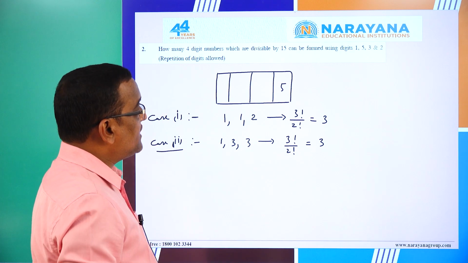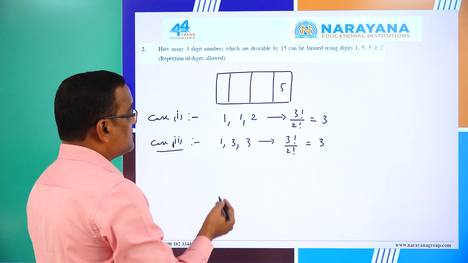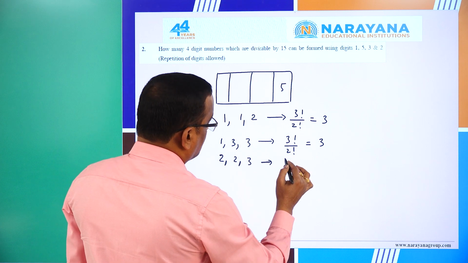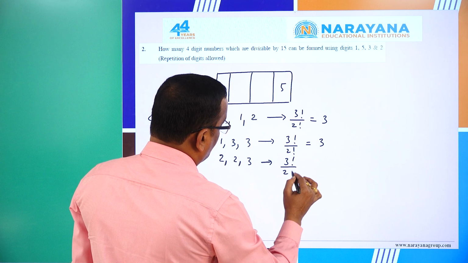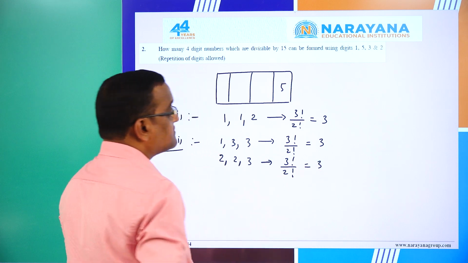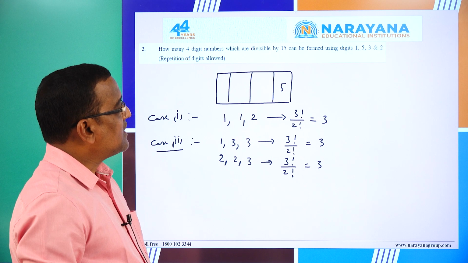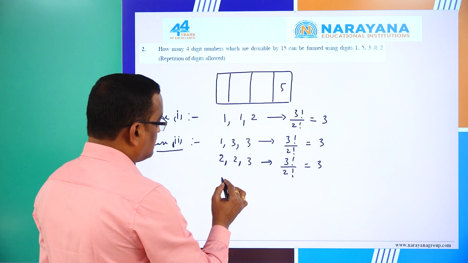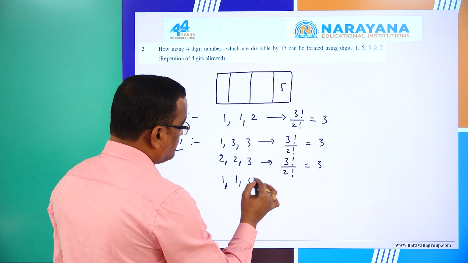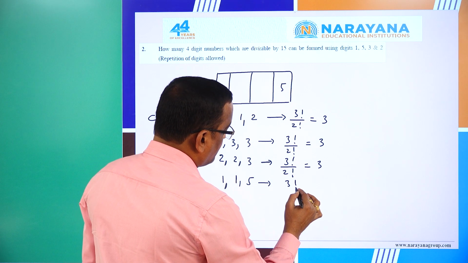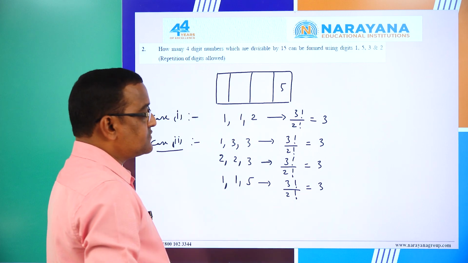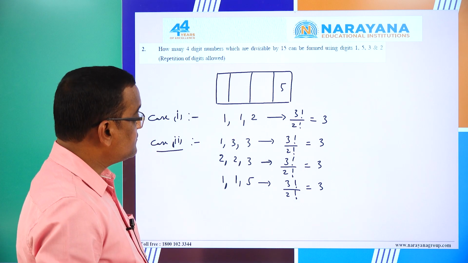Another possible way to get sum 7 is 1, 2, 4... it is 2, 2, 3. This we can interchange in 3 factorial by 2 factorial ways, that is 3 ways. And one more possibility is there, that is 1, 1, 5. This we can interchange in 3 factorial by 2 factorial ways. This is the second case.